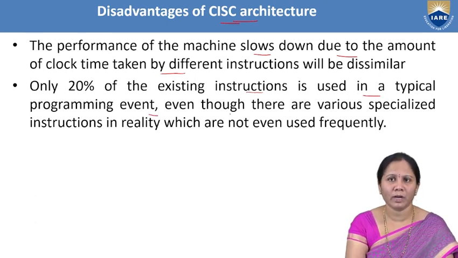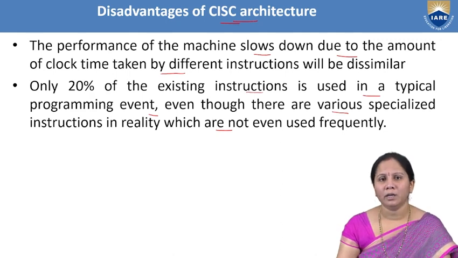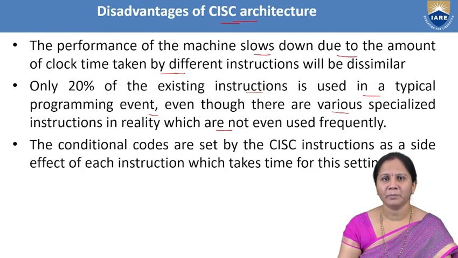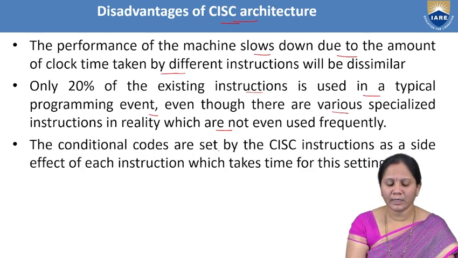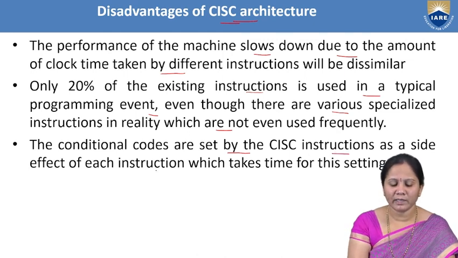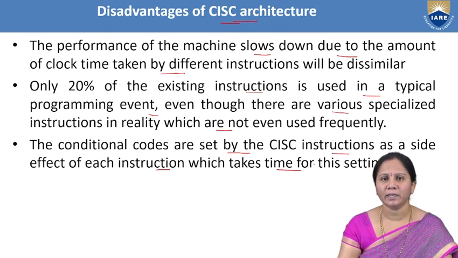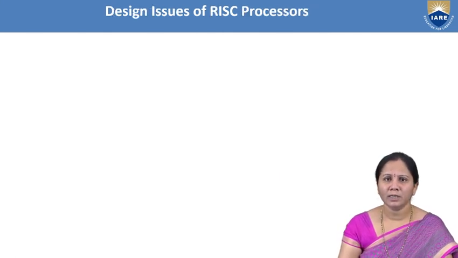That is, during programming, even though there are different types of instructions in the instruction set, many are not used frequently. Among a number of instructions, only a few are used during programming. The conditional codes are set by the CISC instruction as a side effect of each instruction, which takes time for this setting. These are the disadvantages of CISC.